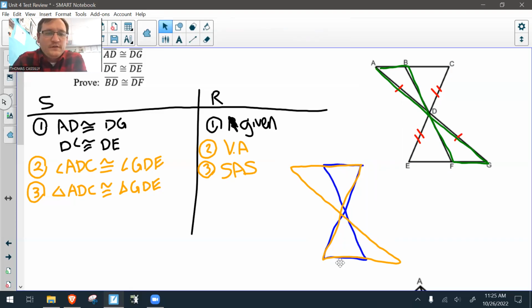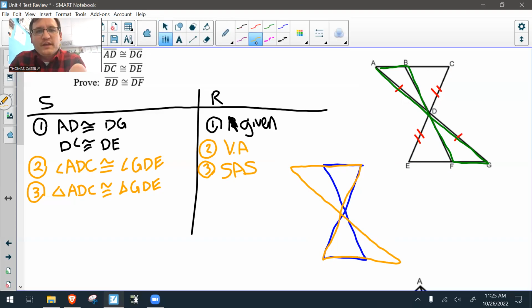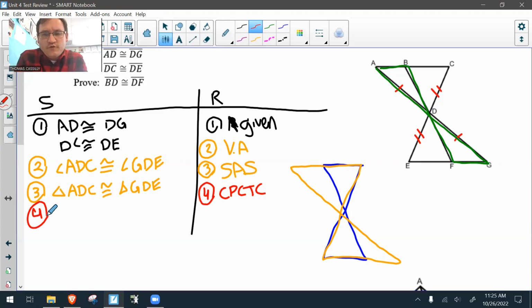Now, what we need to do is on this orange triangle, we need to say something about CPCTC, right? Because we just used a triangle congruence theorem. So we already know step 4 without even thinking, CPCTC. All right, step 4. We need to mention something is congruent. Now, look at those triangles.